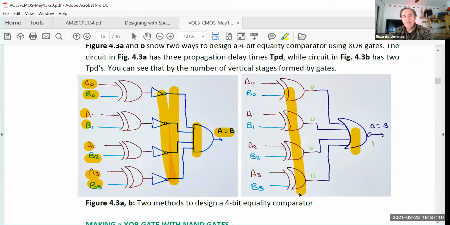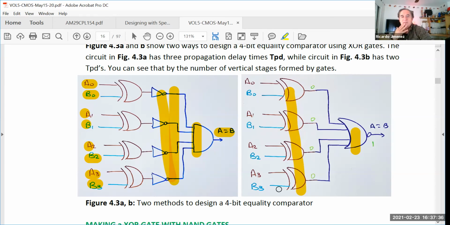And remember, you might be thinking, why should I care about a nanosecond? Because 1 nanosecond is 1 gigahertz. If you say 1 nanosecond, you are increasing your speed by 1 gigahertz. So if you say 10 nanoseconds, you are increasing your speed by 10 gigahertz. That's why it's important.